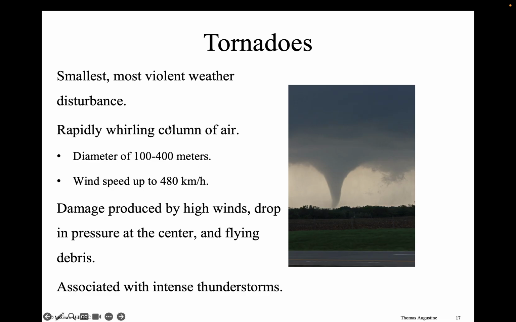And because they are so violent, they produce a lot of damage, and the damage is usually due to the high winds, due to the drop in pressure at the center of the tornado, and due to the debris that the tornado is carrying around. So they work as a projectile hitting other stuff.